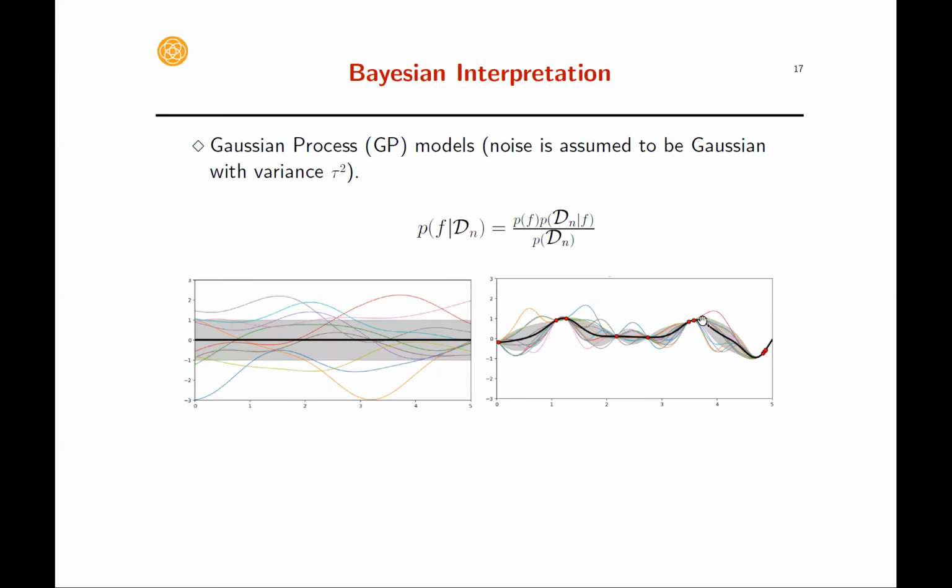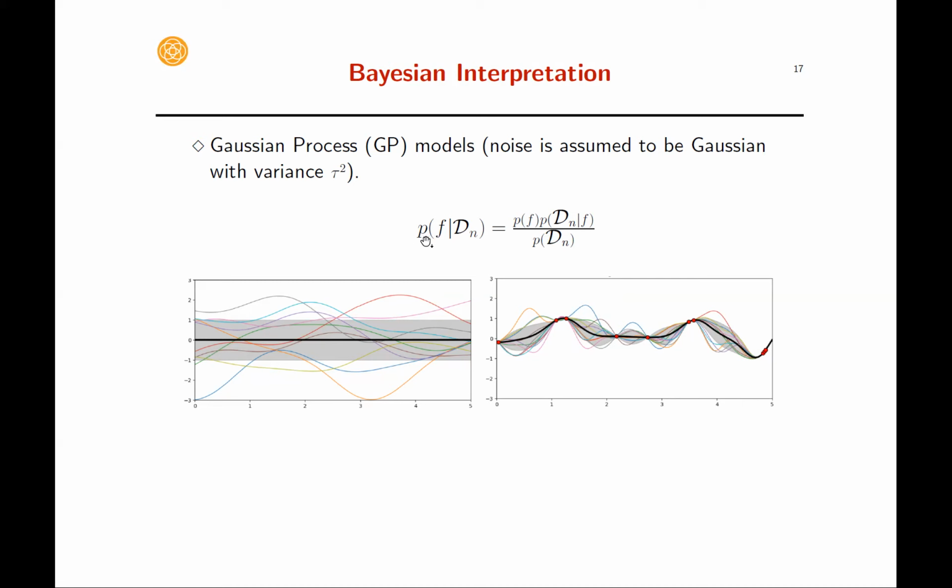What is the interpretation of this machinery? One very popular interpretation is the Bayesian interpretation, or Gaussian process models, where noise is also assumed to be Gaussian with the parameter from those formulas, variance tau squared. And the interpretation is that we have a prior Gaussian process distribution over the function. So we assume the space of functions has a prior Gaussian process. And then we use the data points, these red dotted points in the figure on the right, and Bayes rule to update our belief about the function.